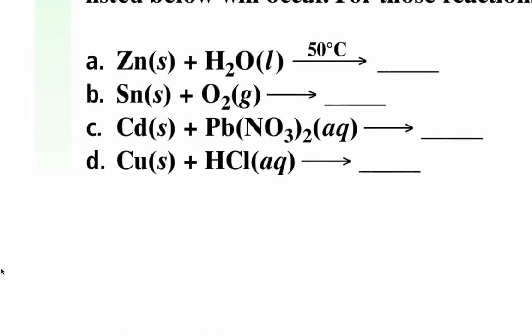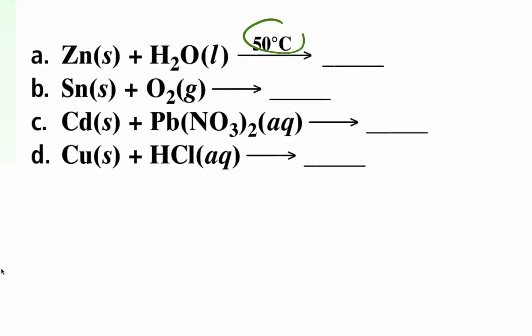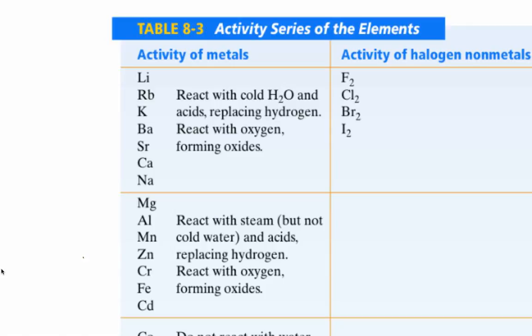Now, zinc reacting with water. They're telling you that this is at 50 degrees. Well, 50 degrees is slightly warmer water, 50 degrees Celsius. Not hot, though. So again, let's go back, look at our reactivity chart to see where zinc is. Okay, I found zinc. Zinc is right here. Notice it says these will react with steam, not with cold water. 50 degrees is warm, but it's definitely not steam.